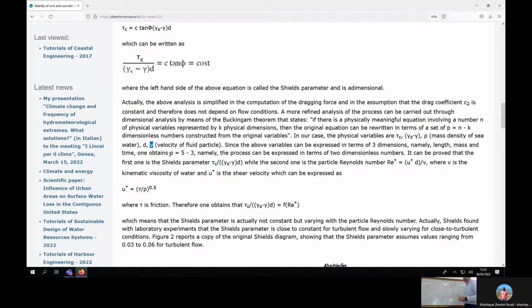Basically, he noticed that with lower velocities, lower Reynolds numbers, which correspond to low values of U star, which correspond to low values of the shear stress, which means low velocities, he saw that for low velocities actually the shear stress was higher.